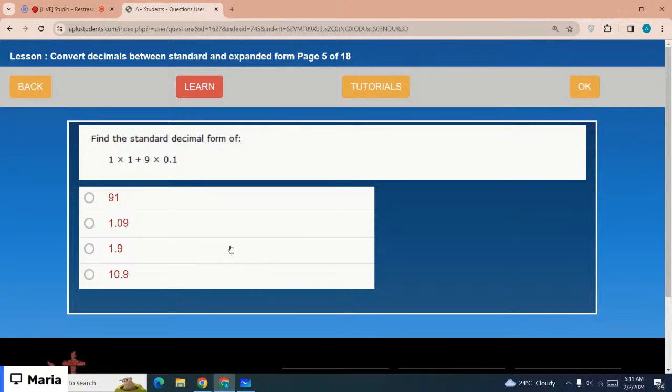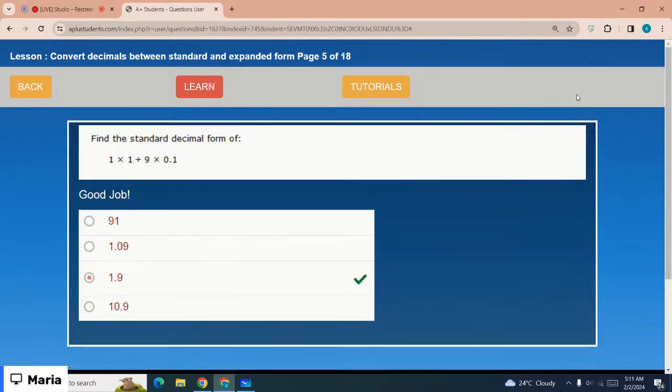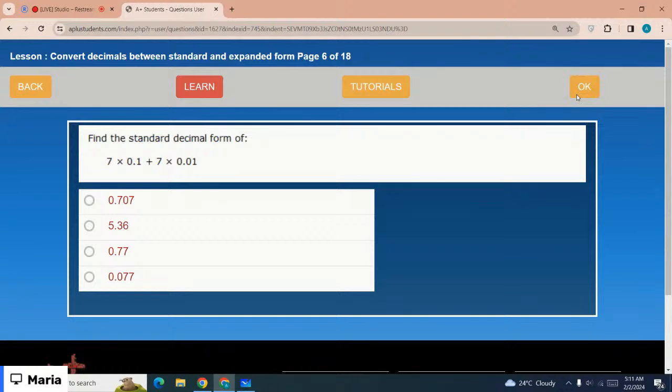Option number 3 is the correct option. Seven times 0.1 plus 7 times 0.01, which is the correct option? Yes, that is 0.77. Very good. Option number 3 is the correct option.